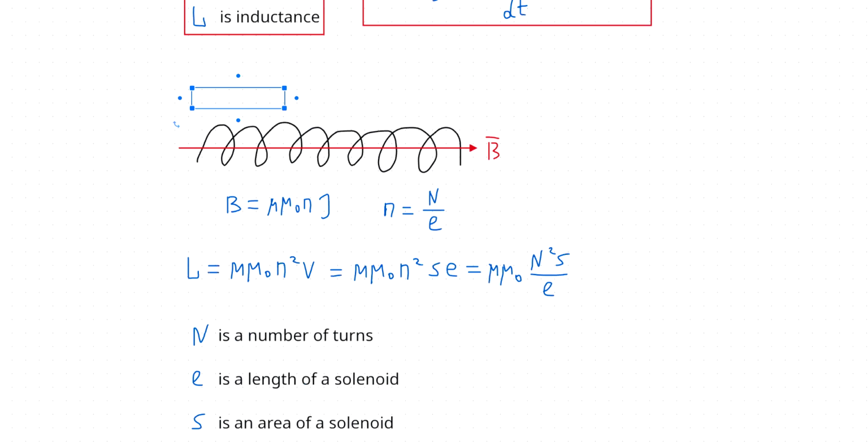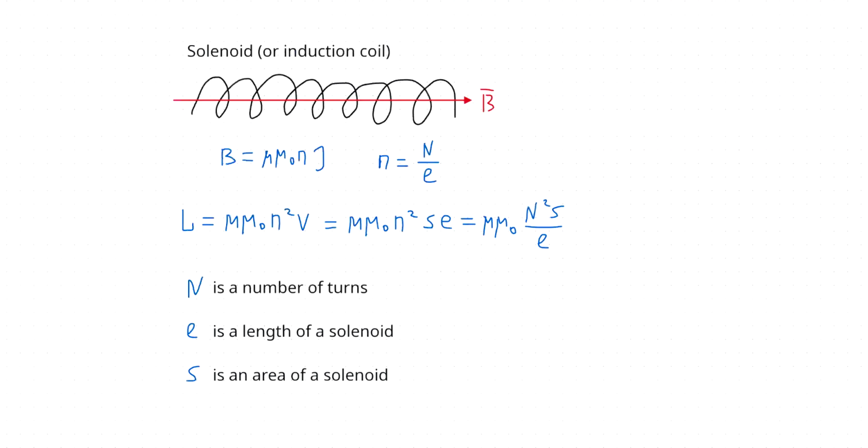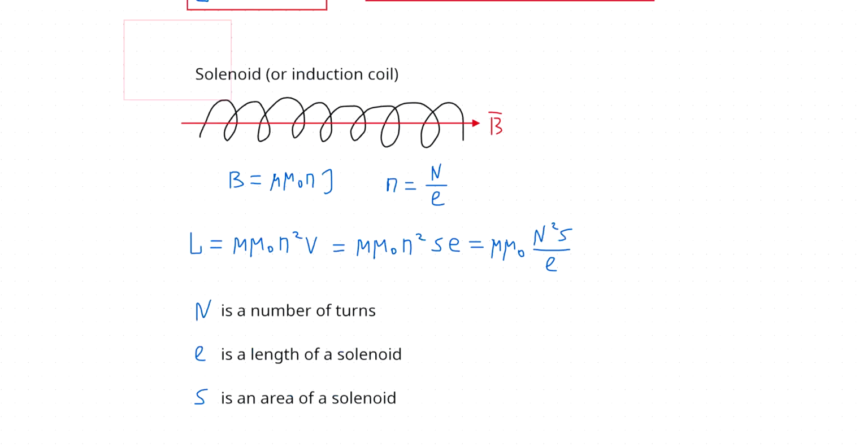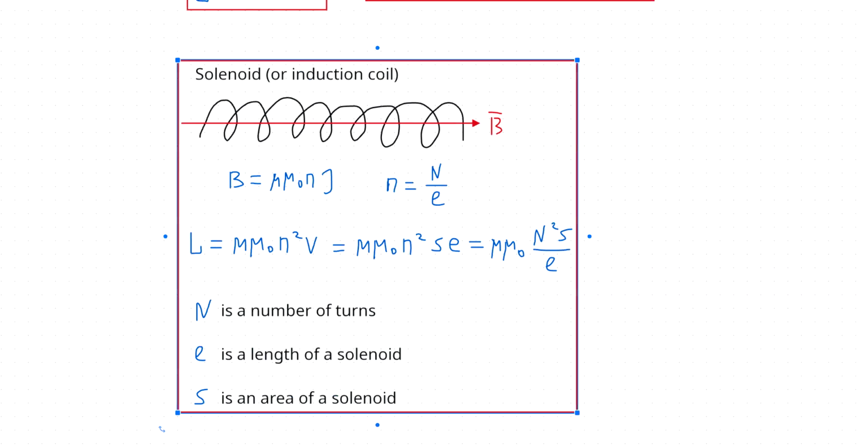This is a system that is often used. And one of the important properties of a solenoid is that its inductance almost doesn't depend on some external factors, but sometimes this dependence is necessary.